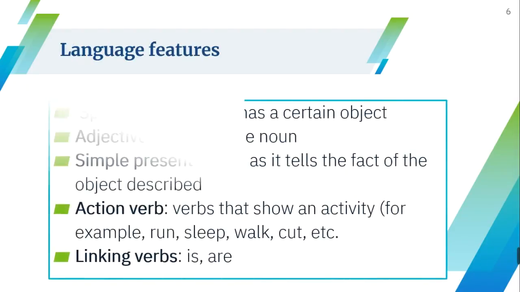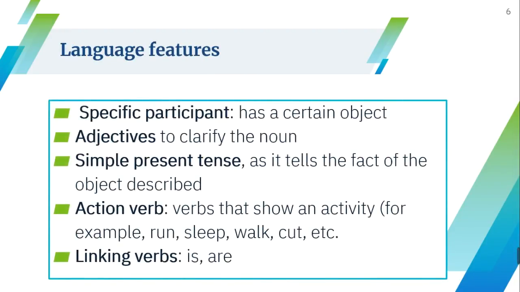And then the language features of description will contain specific participants, as it has a certain object to describe. So the participant must be specific, what thing or person to describe further. It will also contain lots of adjectives, used to clarify the noun, to give complete attributes to the noun being described.